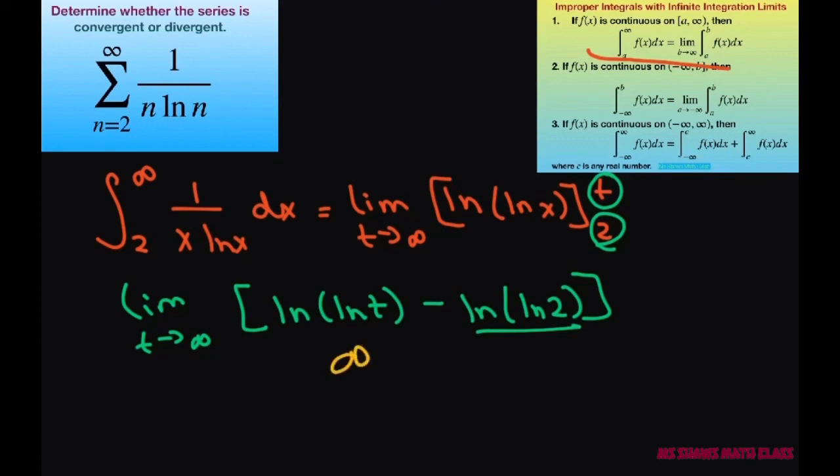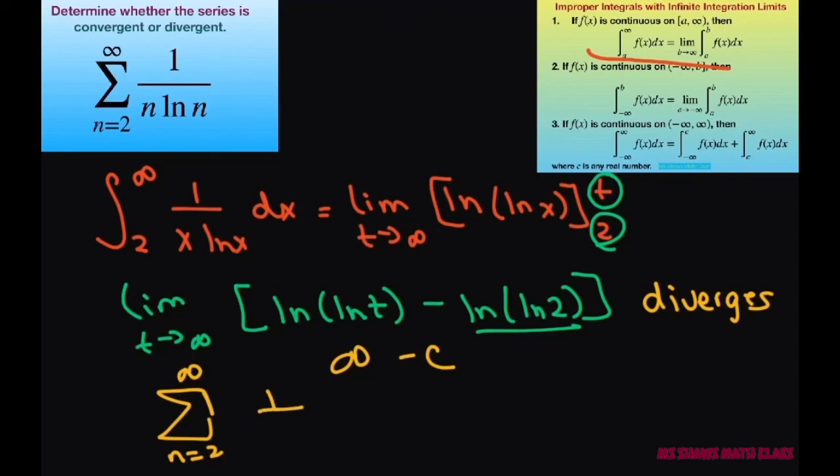So we have infinity minus some constant. That means our integral diverges. That means the series from n equals 2 to infinity of 1 divided by n ln of n also diverges.